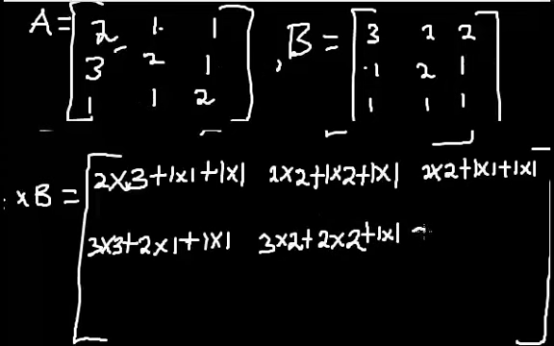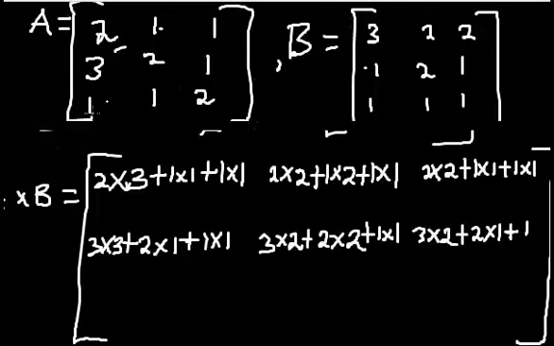Here we have 3 times 2 plus 2 times 1, then plus 1 times 1, which of course is 1. Then I'm done with second row.